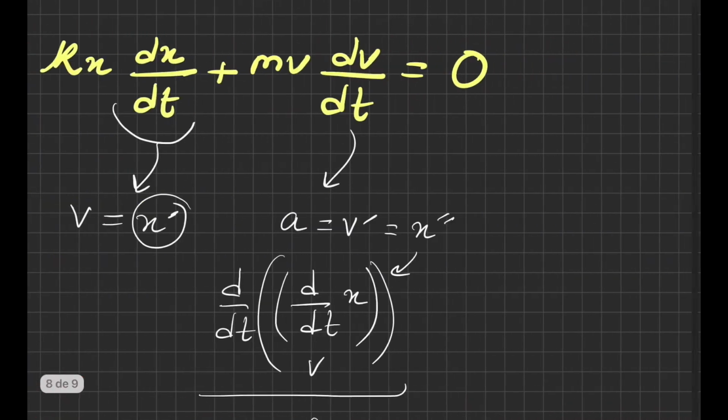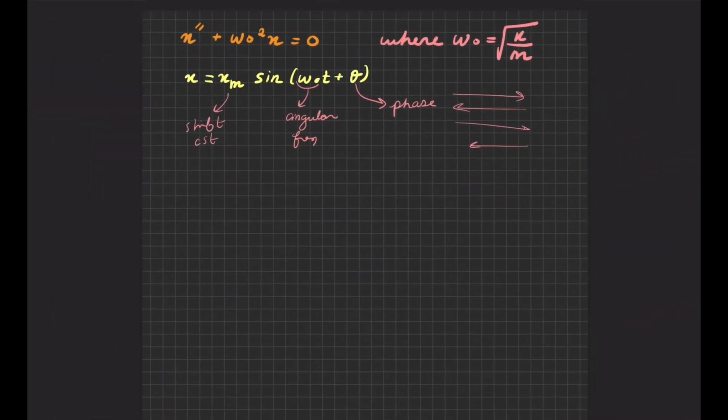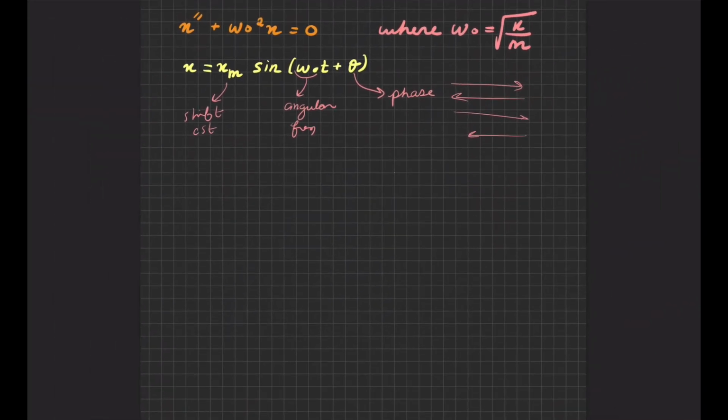Okay? Let me go back here. So the sine function, because the harmonic motion starts from 0 to maximum, 0 again. Sorry, this is not how it's supposed to look. So 0 to a maximum, 0, and then here, and so on and so forth.